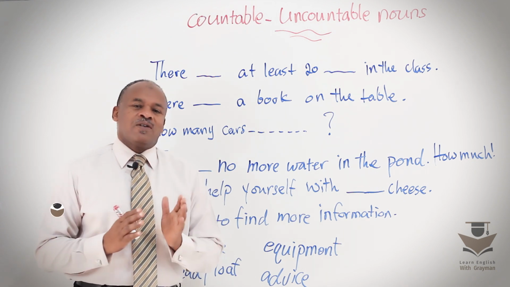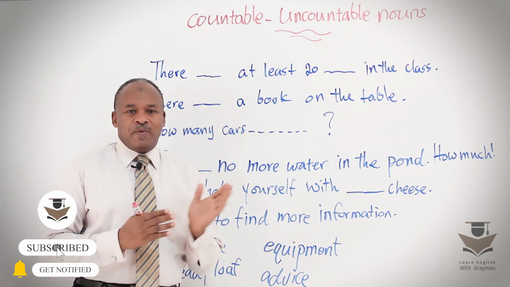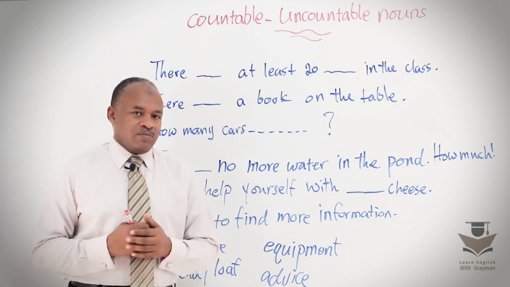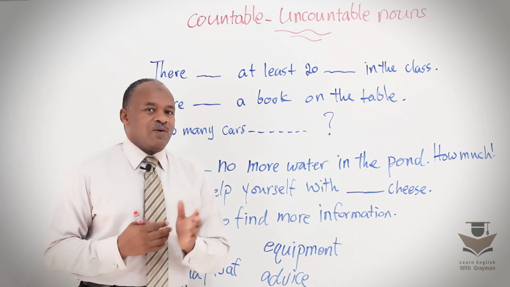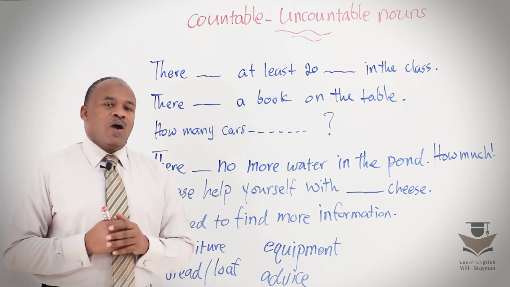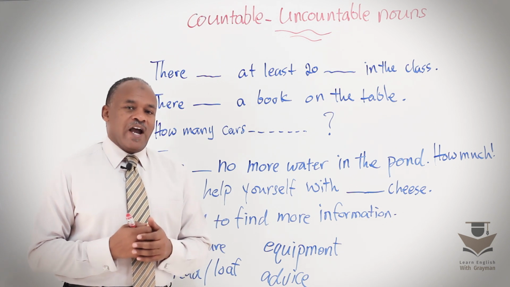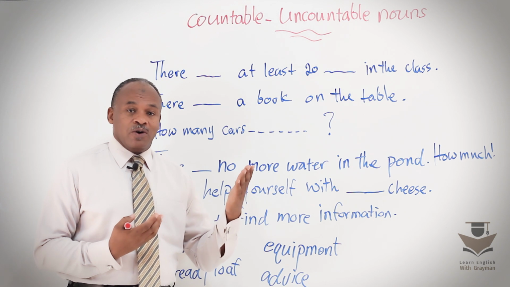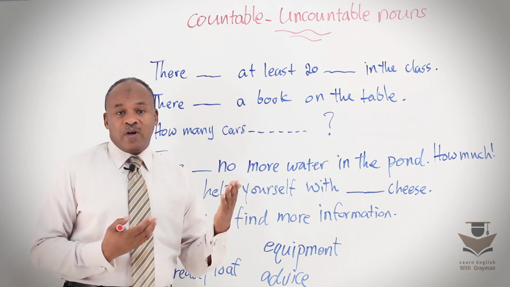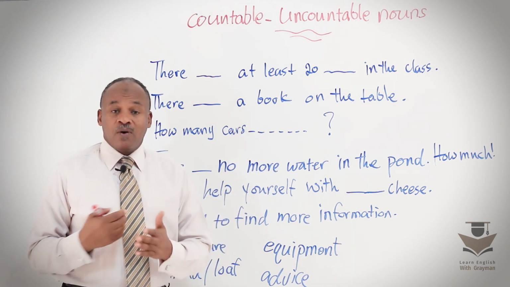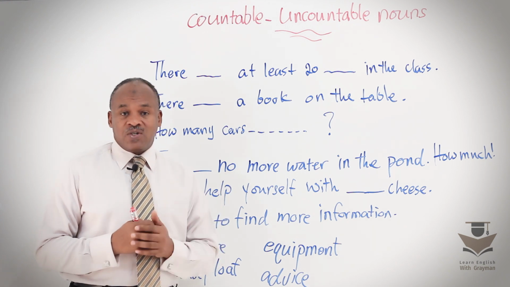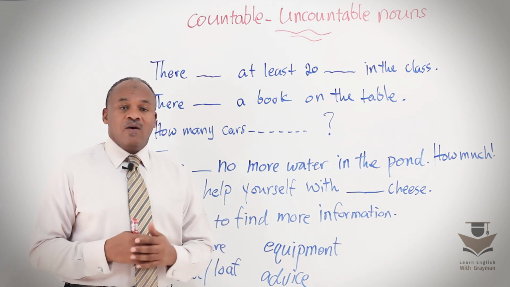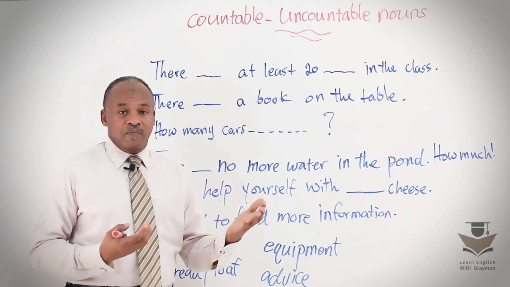But before we start our topic today, the question is, what is a noun? A noun is the name of a person, whether it is his gender, say a man, a woman, a boy, or a girl, or the name of the person, Tom or Sami or any name.